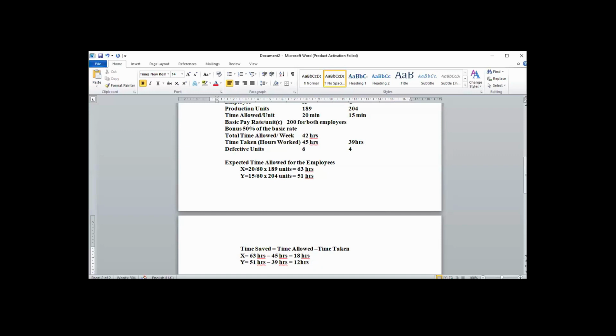Now, we now need to calculate the bonus. Bonus is equal to time saved times. So are we not doing the half anymore?